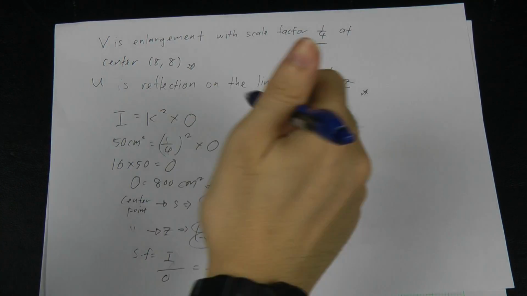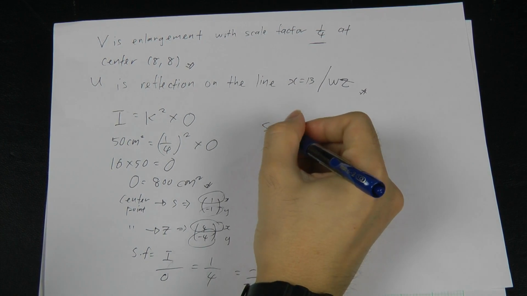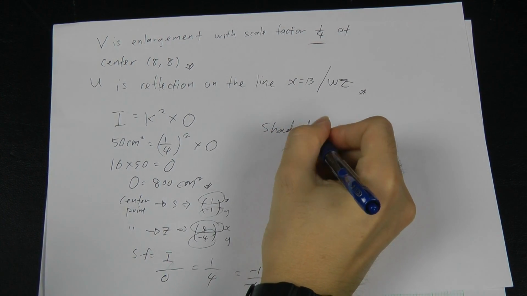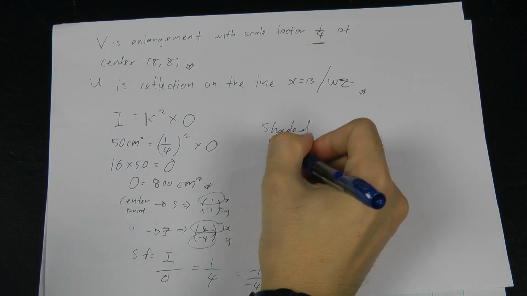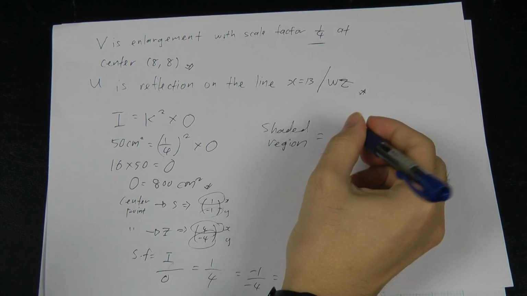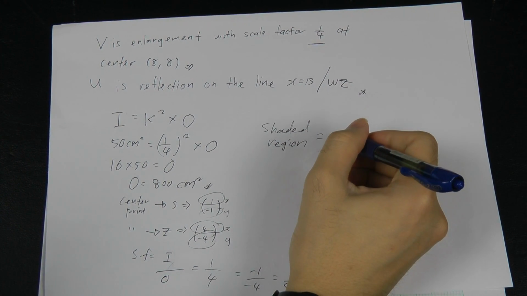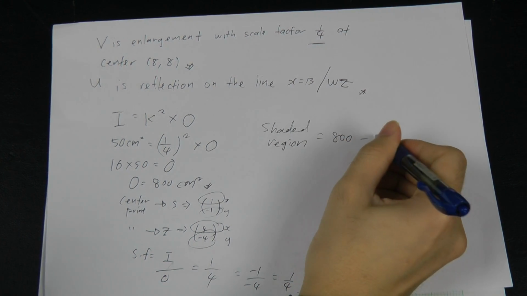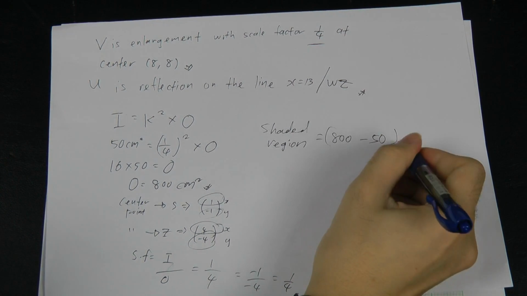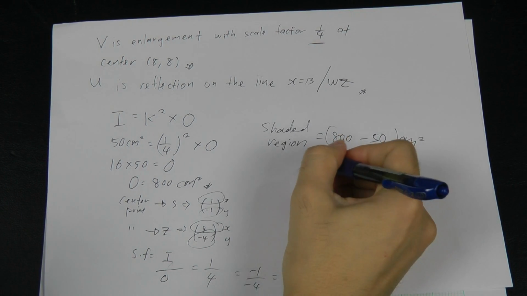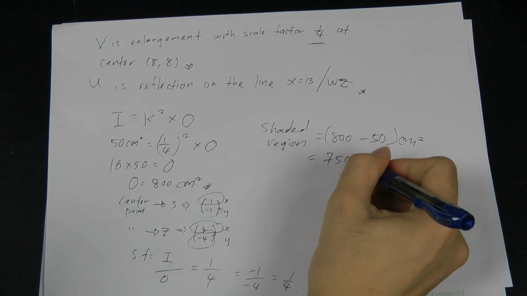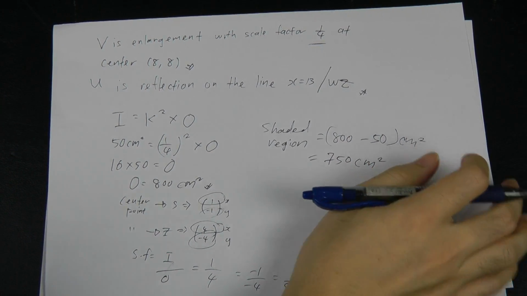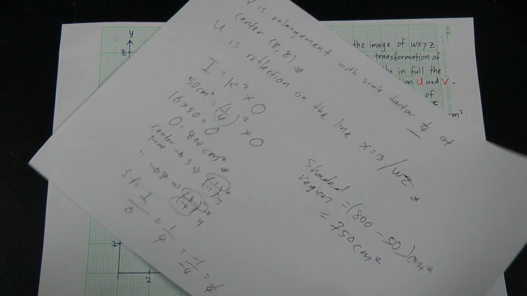Of course you can just write shaded region equals 800 centimeter square minus 50 centimeter square. So you got 750 centimeter square. Okay, this is how we solve this kind of question.